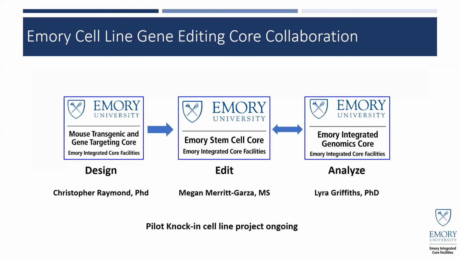Megan, whom you just heard from at the Emory Stem Cell Core, is going to be working on all the transfections, whether it be an iPSC cell line or just a regular cell line. And all the genomics work will be done with Lyra Griffiths at the Genomics Core. So right now we're doing a knock-in pilot experiment, which is ongoing. And I'm just going to show you now.